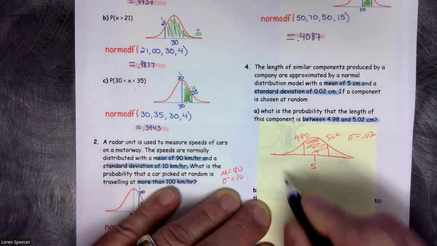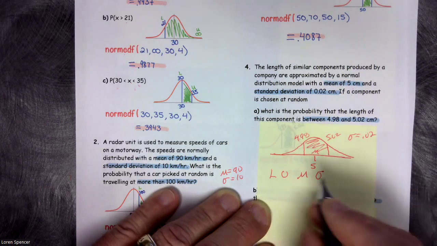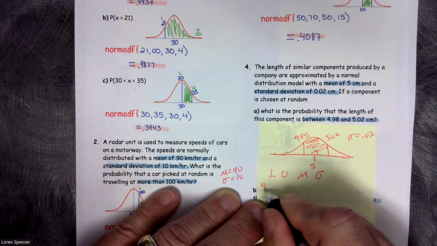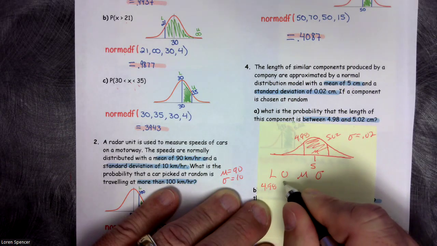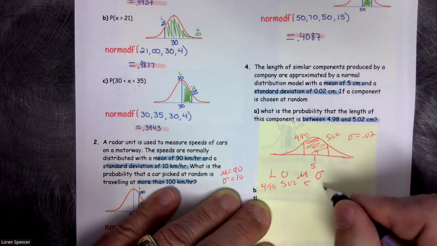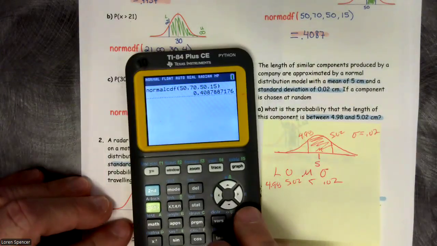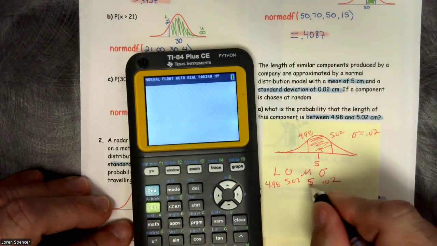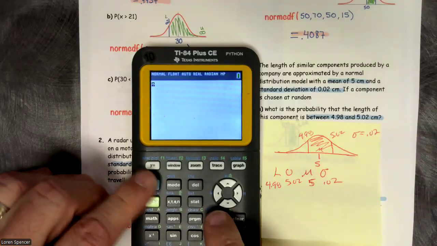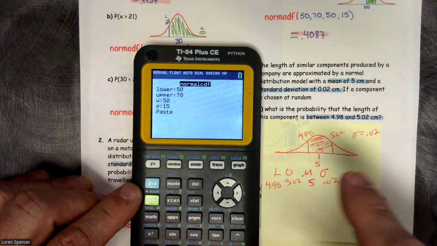I'm looking for this. So my LUMO, lower, upper, mean, standard deviation. This is 4.98. Upper was 5.02. Mean of 5. Standard deviation of 0.02. That looks really sloppy, but I think you know what it's supposed to be. So here we go. Second VARS, norm CDF, lower part of my shading.